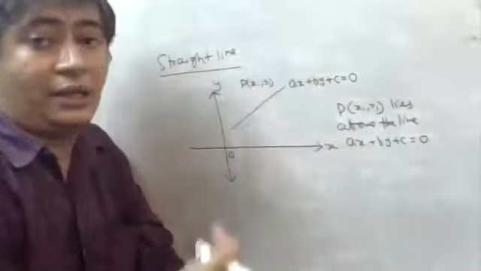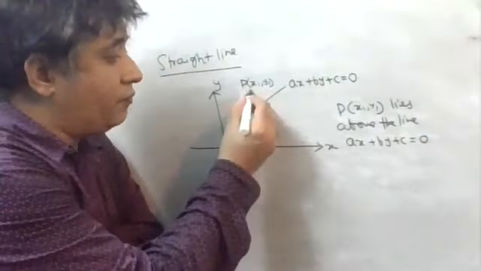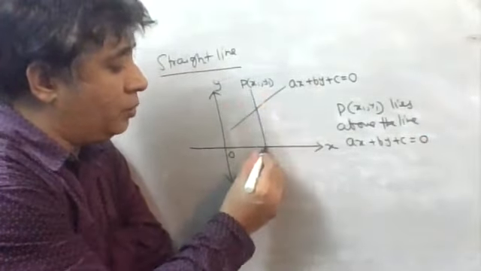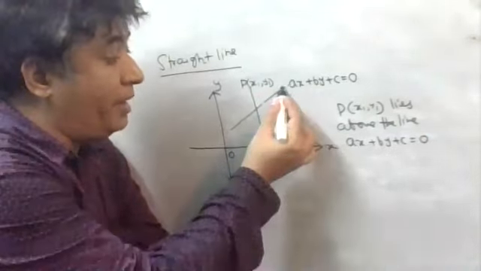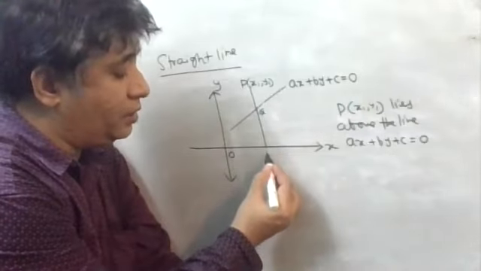That means from this point, if I drop a perpendicular on the x-axis, it will meet the line at Q, and this point is R.